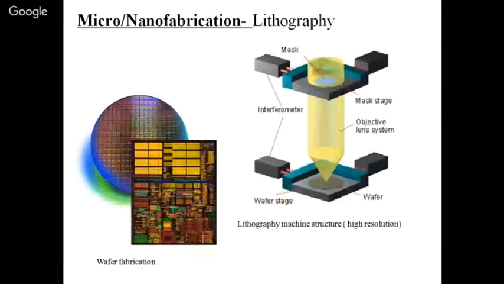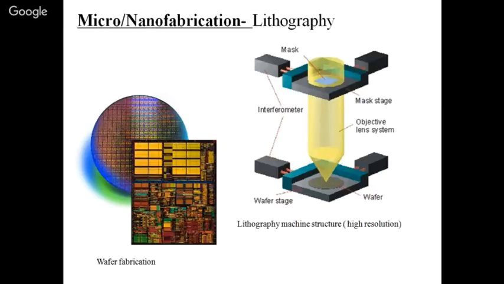Like this, you see, you put the mask on it, then the mask stage, and the interferometer shows you this exactly. Now the wafer. A wafer I have also explained.